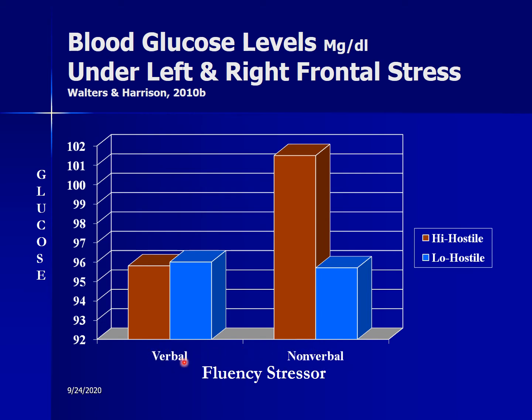Whereas our primary measure for our stressor for the left frontal lobe is how many words can you produce per unit time. So if you can imagine trying to produce unique words under confrontation stresses the left frontal lobe, and producing unique figural designs stresses the right frontal lobe, you can see that high hostiles are having a lot of difficulty regulating their sugar level just drawing unique designs.